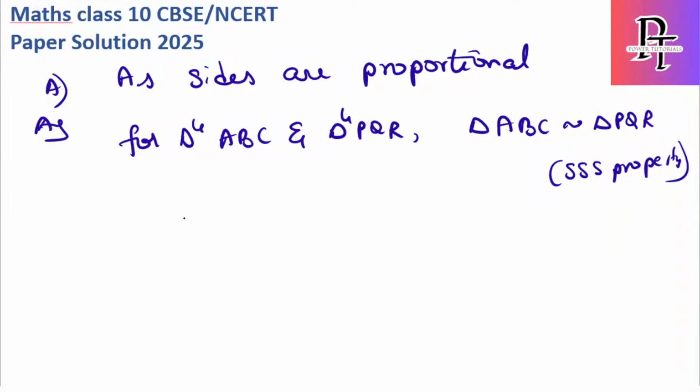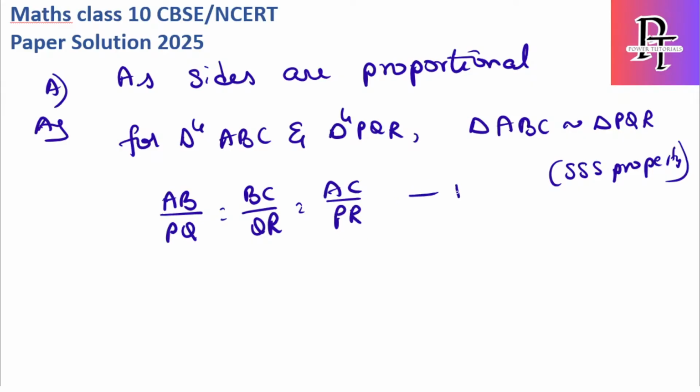Okay, so indirectly they are saying that AB by PQ is equal to BC by QR is equal to AC by PR. All the corresponding sides are proportional, keep it as 1. Okay, now let's solve the second one.